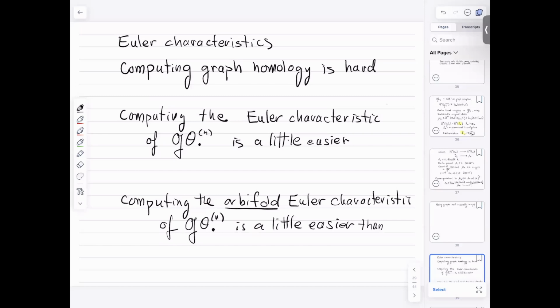Well, a little bit easier. Euler characteristics are going to give you information about cohomology, hopefully. The final thing I want to talk about is what we know about Euler characteristics of some of these complexes.